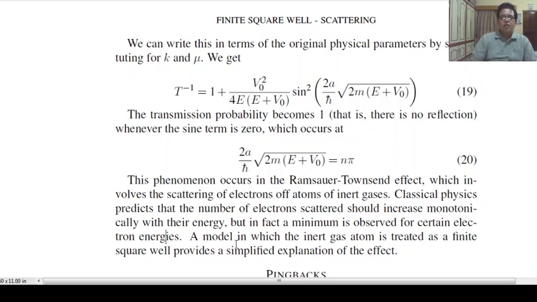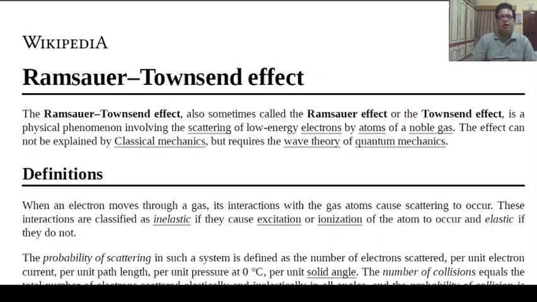So now we understand the Ramsauer-Townsend effect. The article is given in Wikipedia.